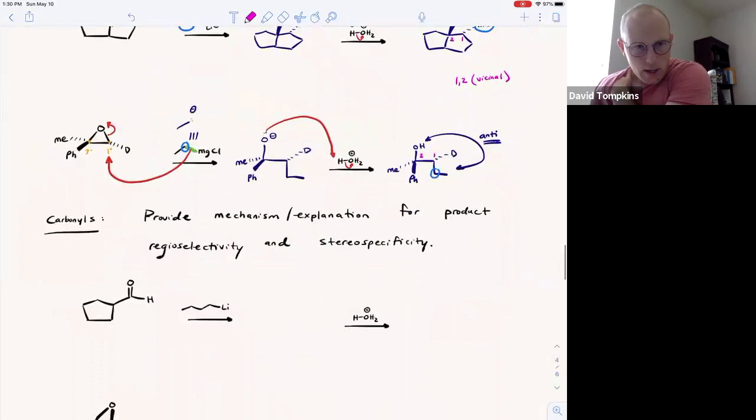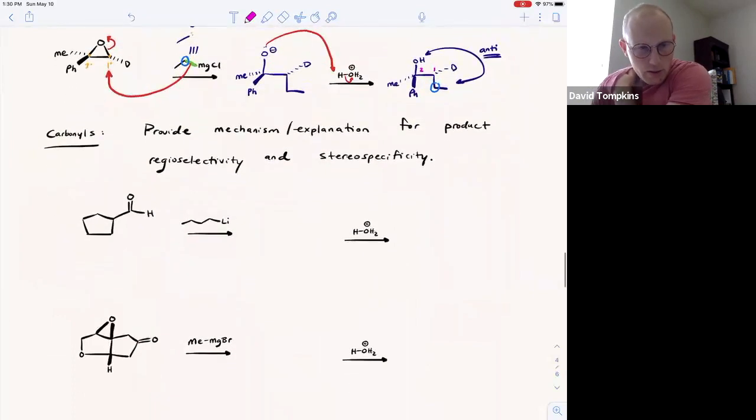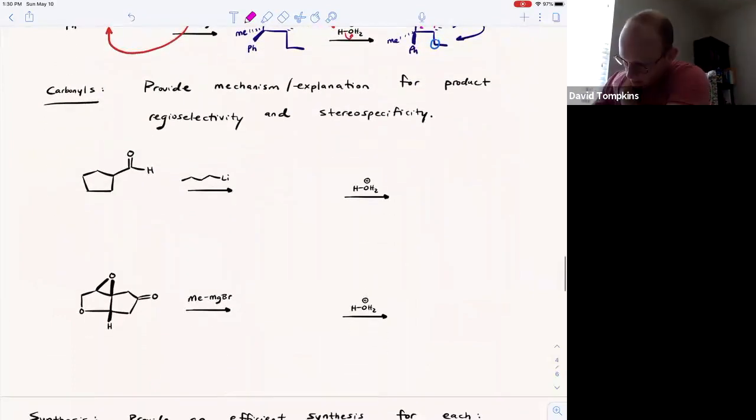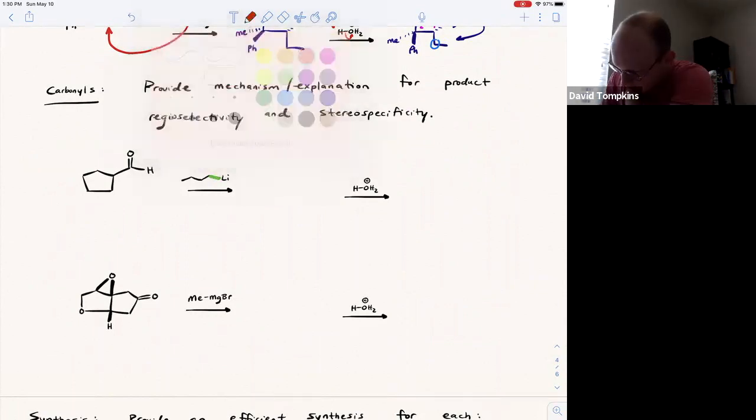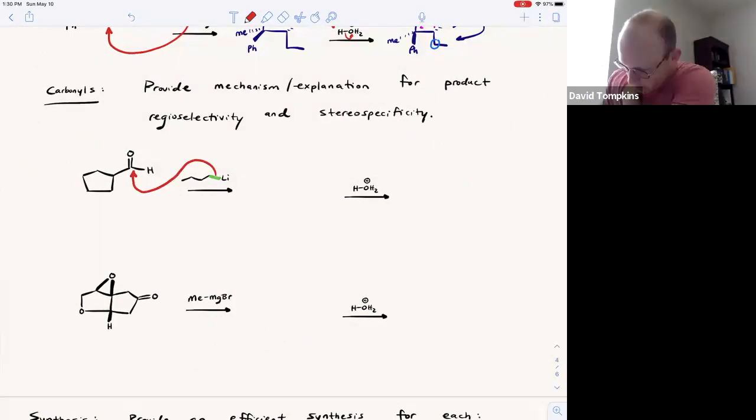Okay. So now we'll do reactions with carbonyls, the aldehydes and ketones. Once again, the carbon-lithium bond of butyllithium is very nucleophilic. It can be treated as an anion, and that carbon will attack the carbonyl and break the pi bond.